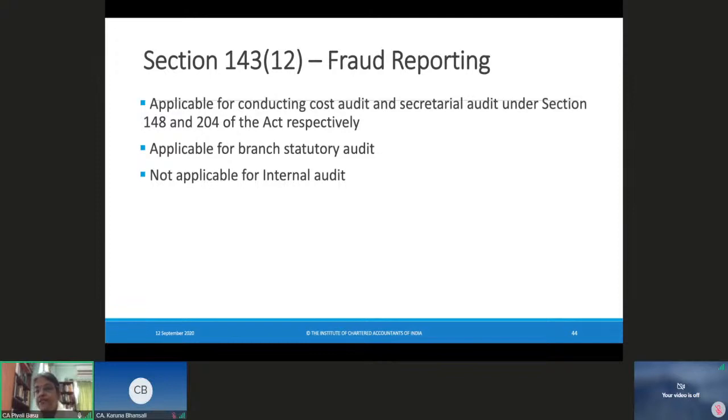But the question is, if for such other services or non-attestation services, the auditor identifies that an offense of fraud has been perpetrated by officers or employees in the course of providing such attest or non-attest services, what will we do? It is good to report. It is good to report that the matter can be reportable under section 143(12). There is no bar on that.